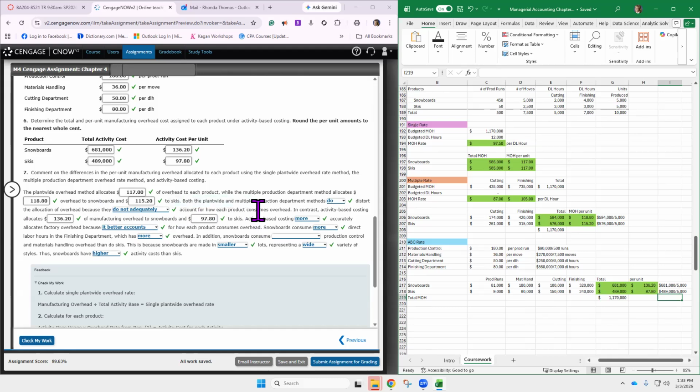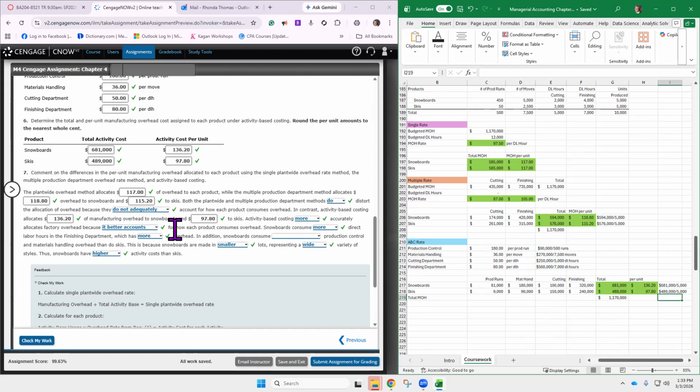Both the plant-wide and the multiple production department methods do distort the allocation of overhead because they do not adequately account for how each product consumes overhead. In contrast, activity-based costing allocates 136.20 of manufacturing overhead to snowboards and 97.80 to skis.